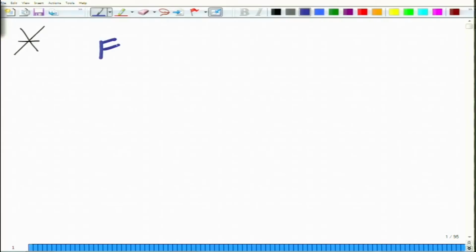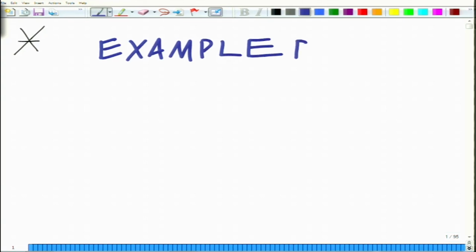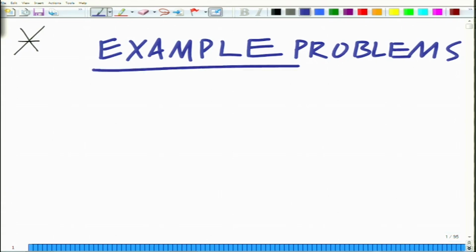Right, so we are looking at example problems, and let us look at another problem.